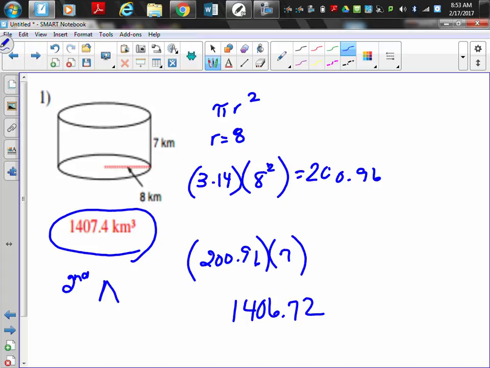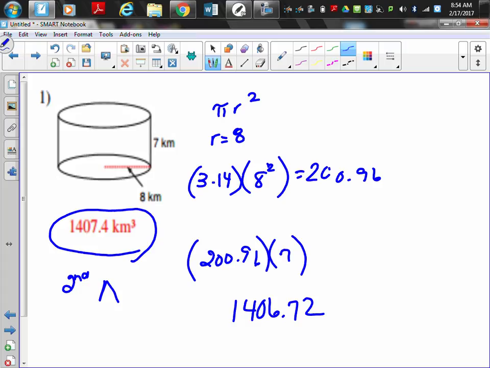Now, when you're making your corrections, listen, some of you are just erasing away. I want you to circle the mistake that you made with your red pen.